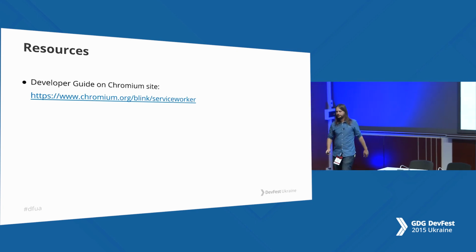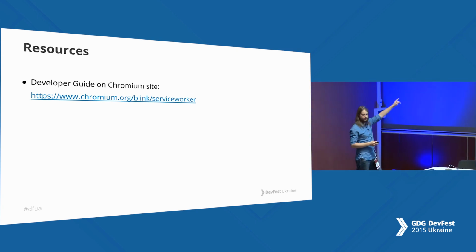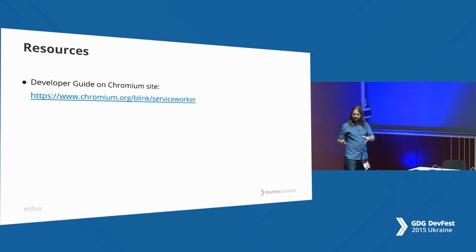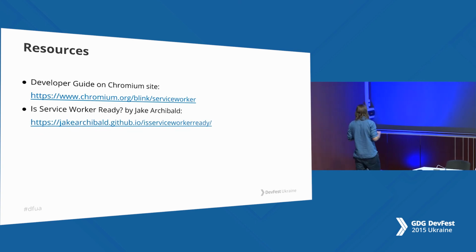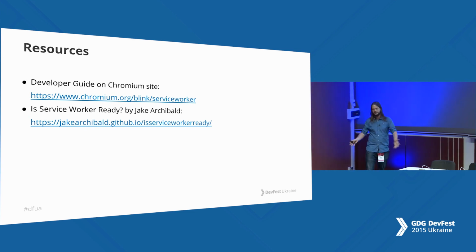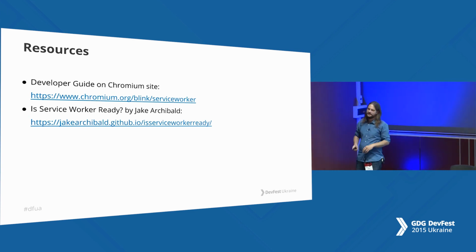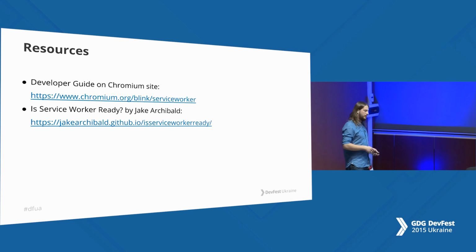It has a lot of documentation, and there you will also see how to debug Service Worker, because debugging Service Worker is not a common process. And a very nice resource, I must even say it's not a resource, it's a collection of resources by Jake Archibald. This is the guy, by the way, who pushes Service Worker forward most of all.